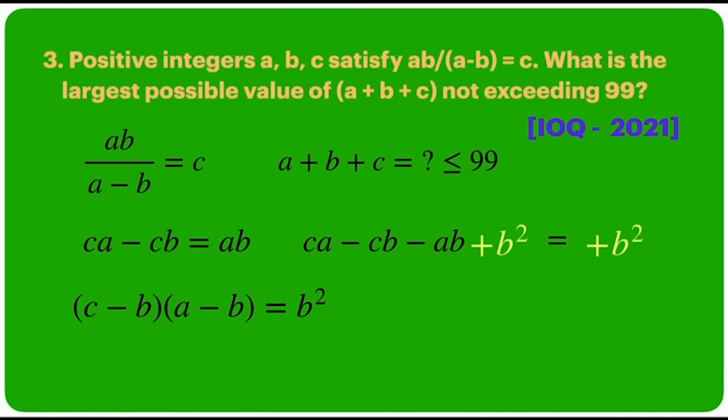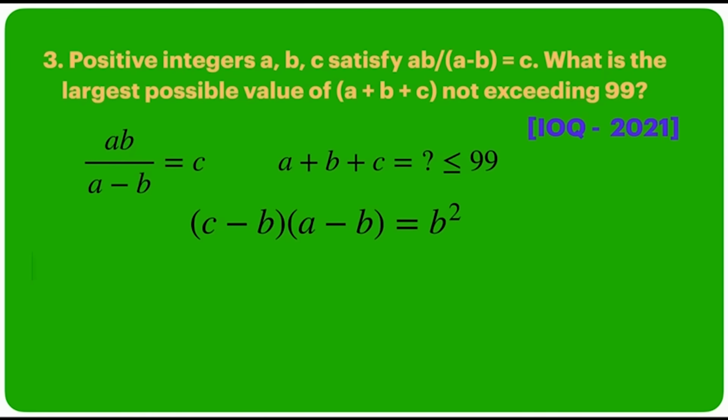So after taking a minus b as the common factor, we can get c minus b, and in this way c minus b into a minus b equal to b square. We have got it. Now c minus b into a minus b equal to b square.